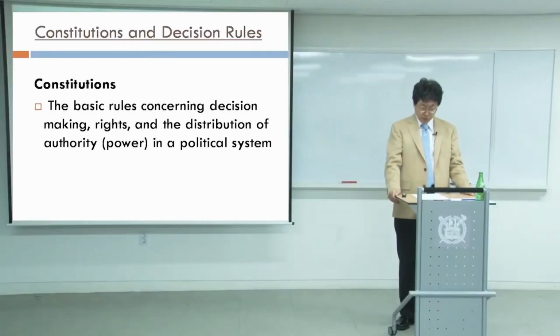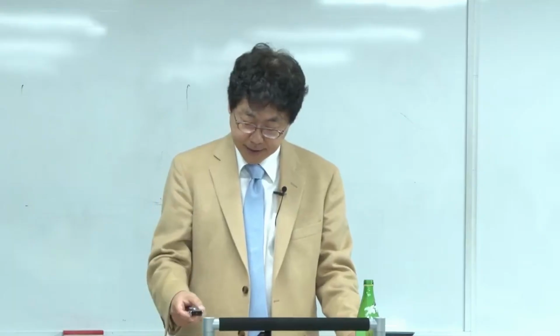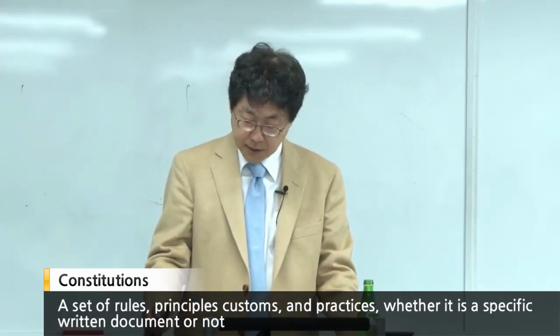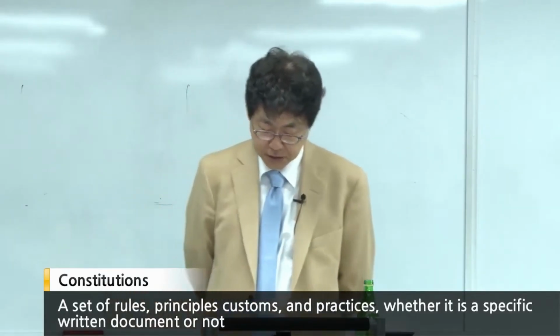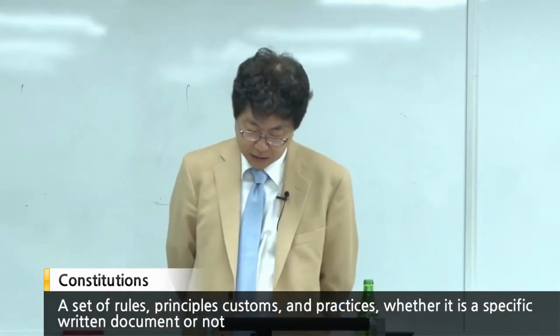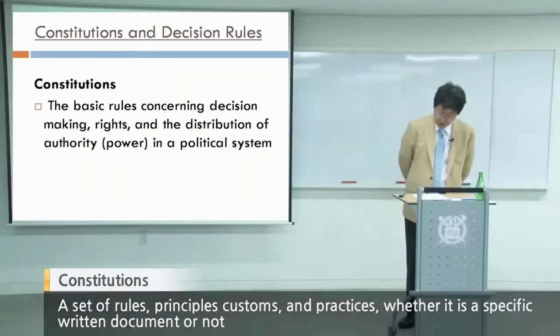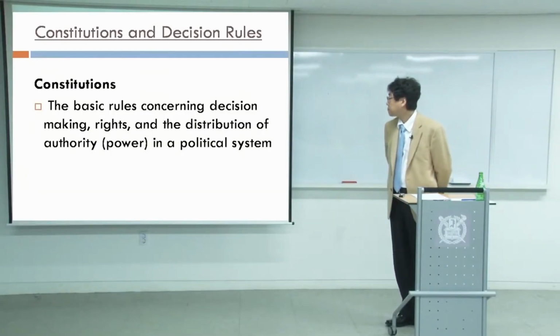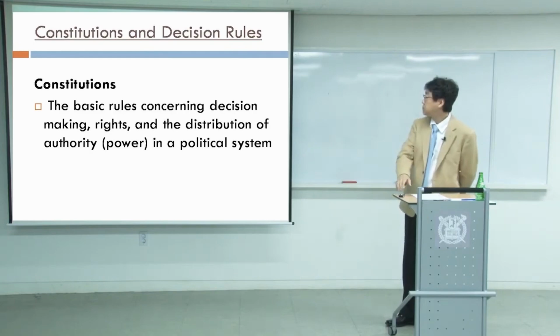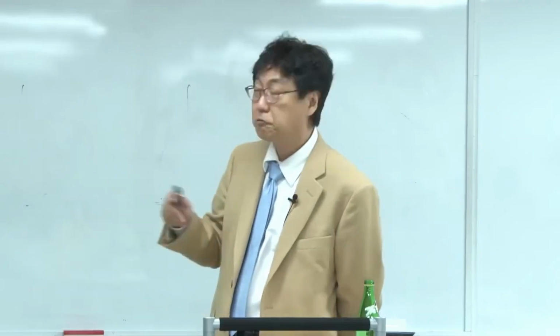Another way to say exactly the same thing is that a Constitution is a set of rules, principles, customs, and practices, whether it is a specific written document or not.